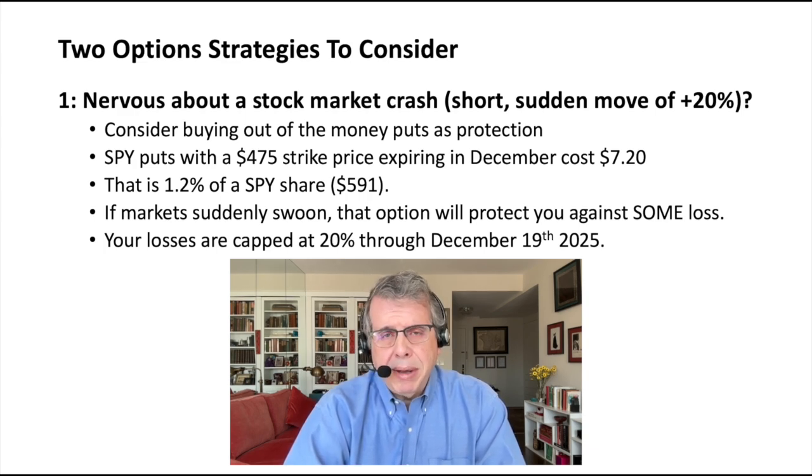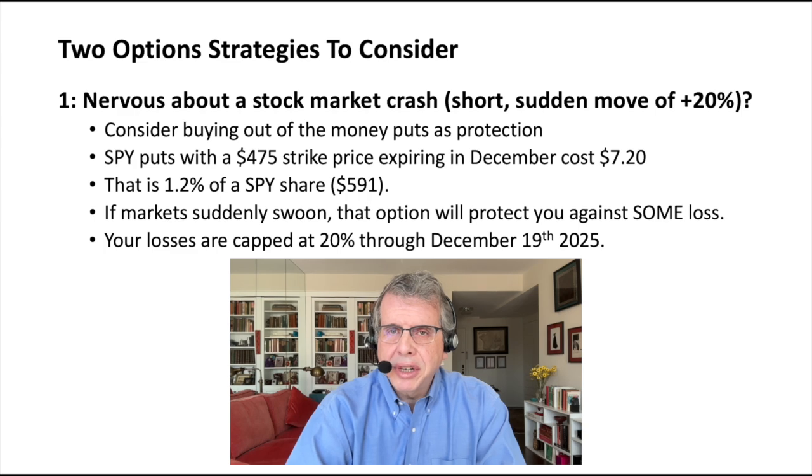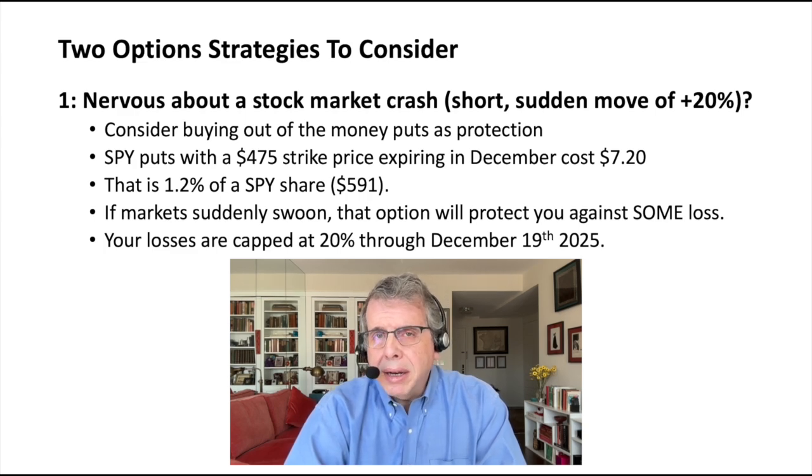If the market suddenly begins to drop quickly, this option is going to protect you against some loss. Not all, obviously, because if it goes down 10%, you're still not in the money. But if the market does go through some kind of cataclysm and you're down more than 20%, then this put option stops out your losses at 20% through year end.